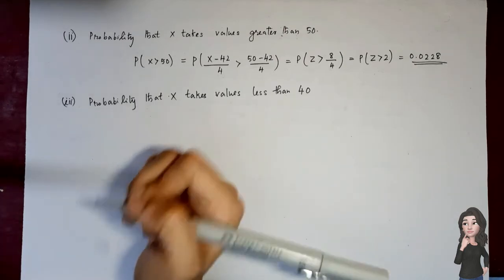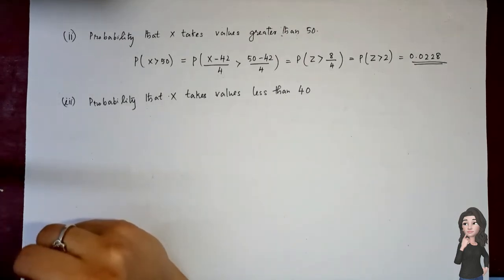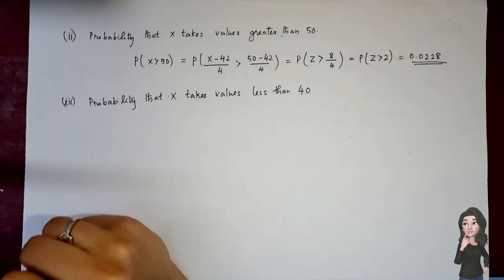Similarly, the third question is the probability that x takes values less than 40.